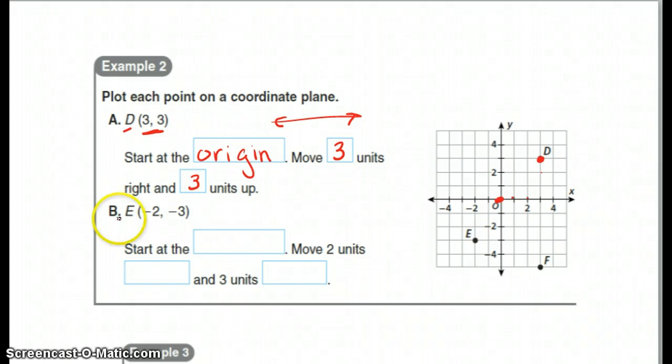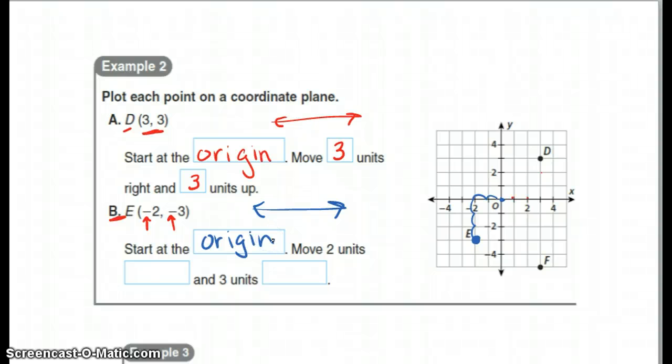If I'm trying to make E at -2, -3, I again start at the origin, and I move this time -2, always moving across first. 1, 2, and then I have to go 3 down, and there is point E. So I again started at the origin.